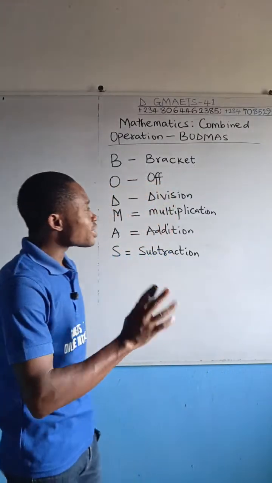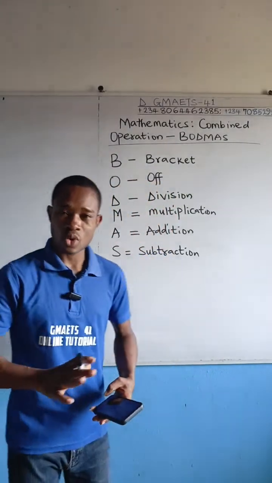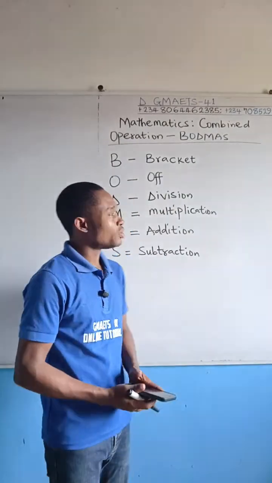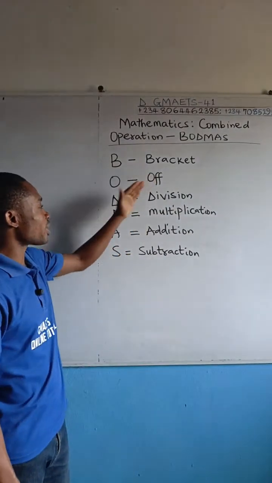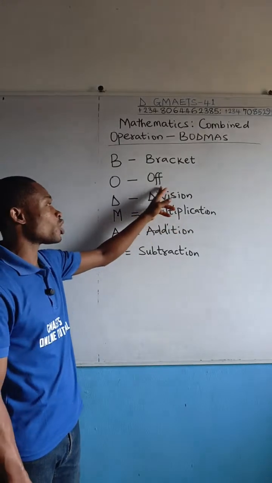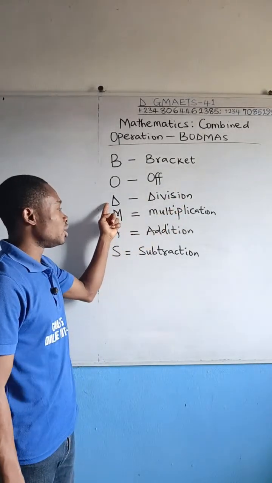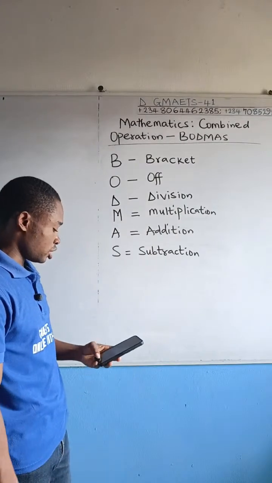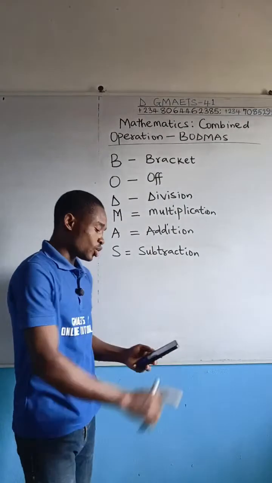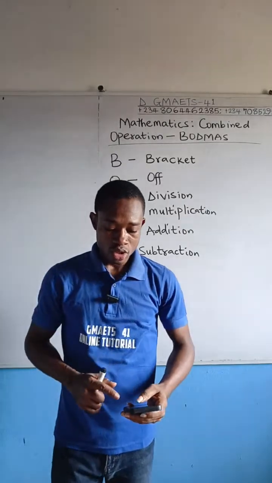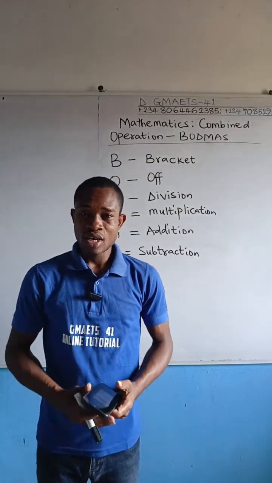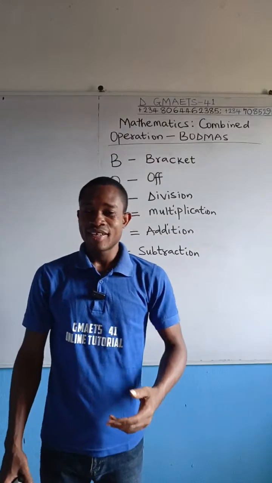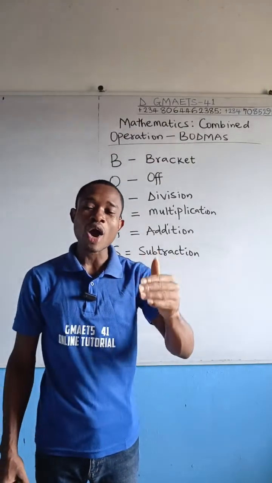So without wasting time, we shall start with solving questions. B here means bracket, O is of, D is division, M multiplication, A is addition, and S is subtraction. So when you are given a question with brackets and addition, you should know how to handle it.